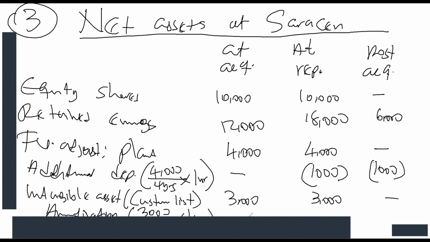Okay, so here we dash 3,000 divided by 6 years times 1 year. What do you get? Please, what do you get? Sir, 500. All right.